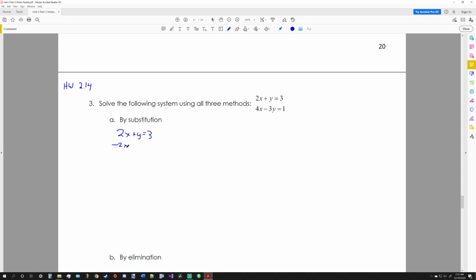So I'll subtract the 2x, and I get y equals 3 minus 2x. And so I'm going to take that and plug it in for the y in the next equation.